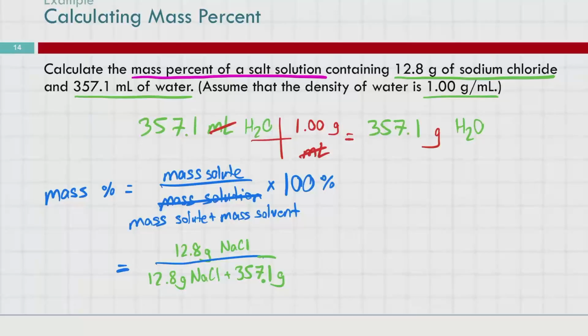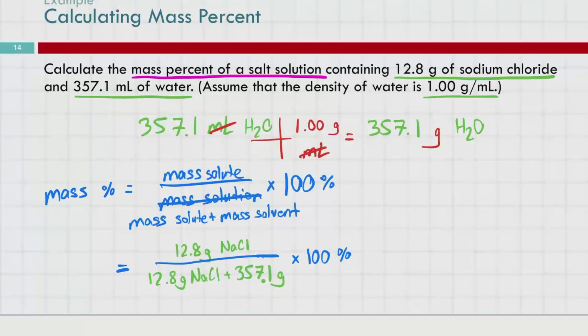It doesn't matter what order they're in, by the way. And then times 100%. Please pull out your calculator. Put that into your calculator and see what answer you get.